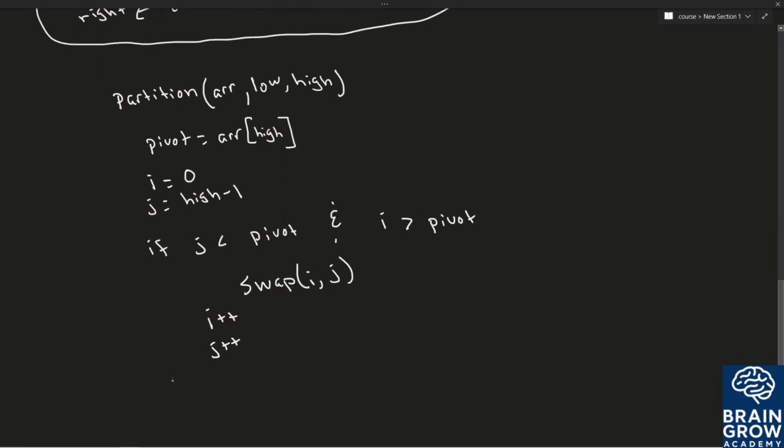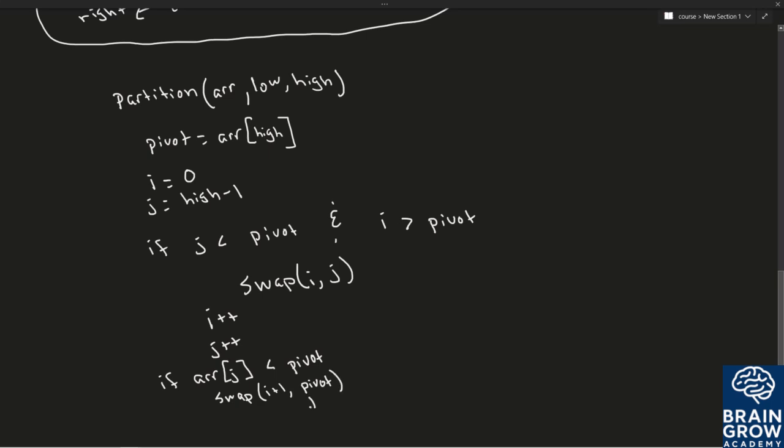And then once the index of i and j is the same, we can say something along the lines of if array of j is less than the pivot, meaning we have passed that midway point, then we're going to want to swap i plus 1 and our pivot.